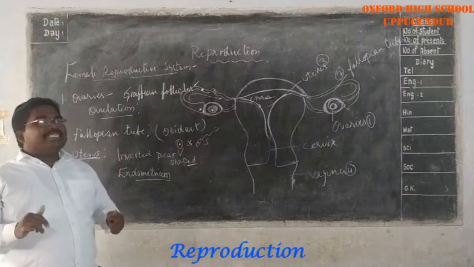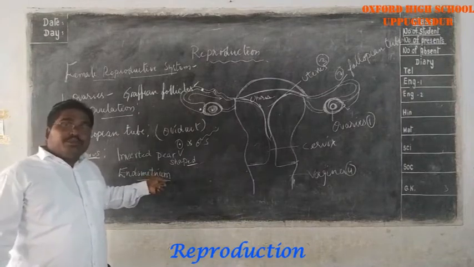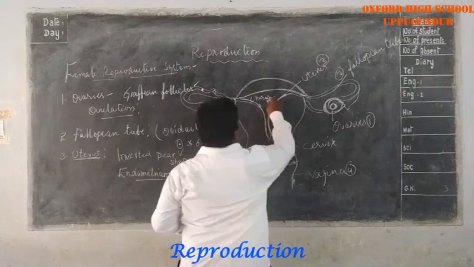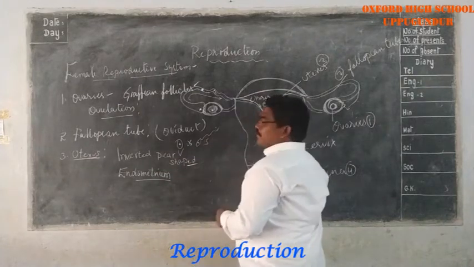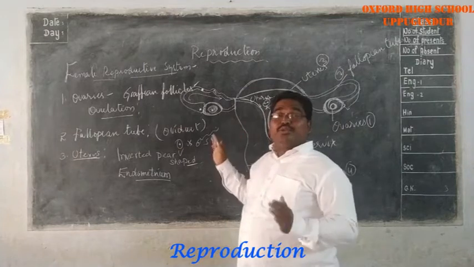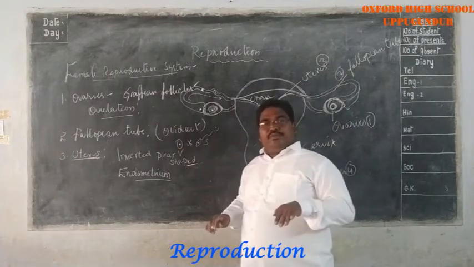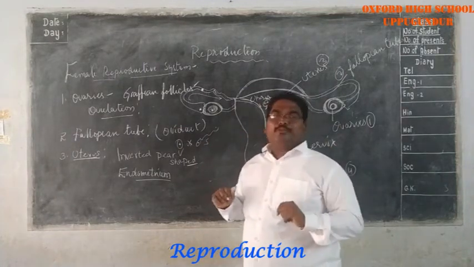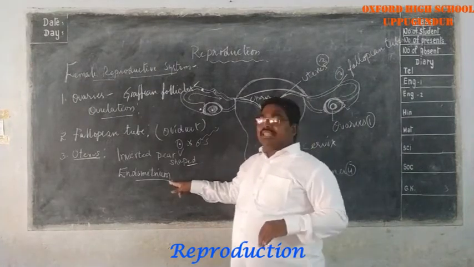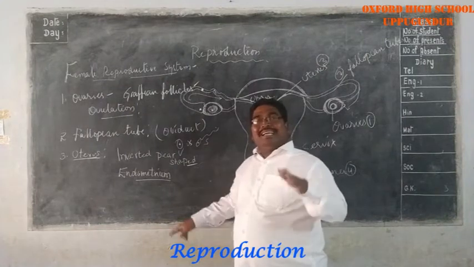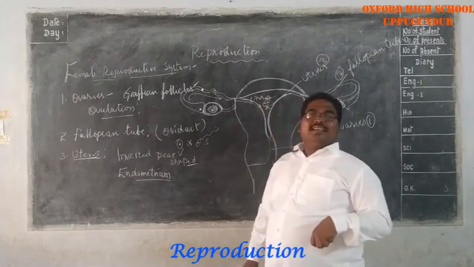If fertilization takes place, it will be ready to receive the embryo. If fertilization does not take place, the endometrium disintegrates.